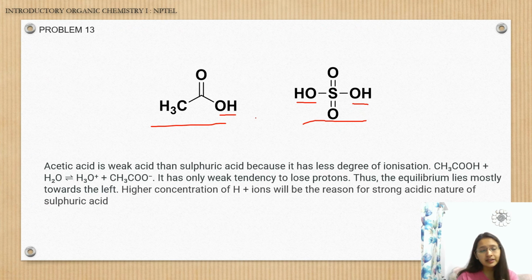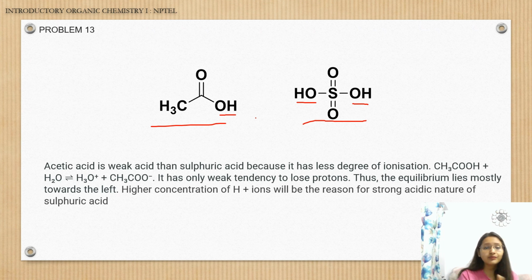What do you mean by ionizable proton? If you add acetic acid to water and it dissociates, you will have one proton in the system, but when you add sulfuric acid to water, you will have two dissociated protons in the system. So the ionization of sulfuric acid is higher than acetic acid because of the presence of a higher number of ionizable protons in sulfuric acid.